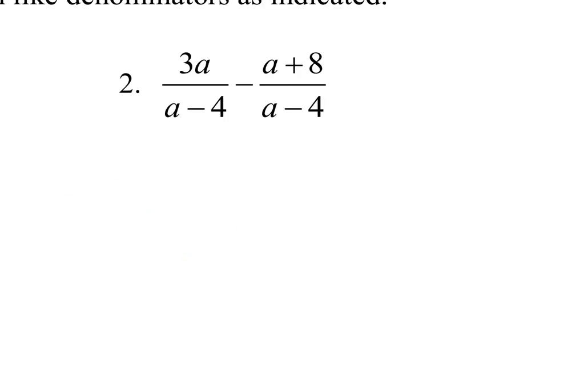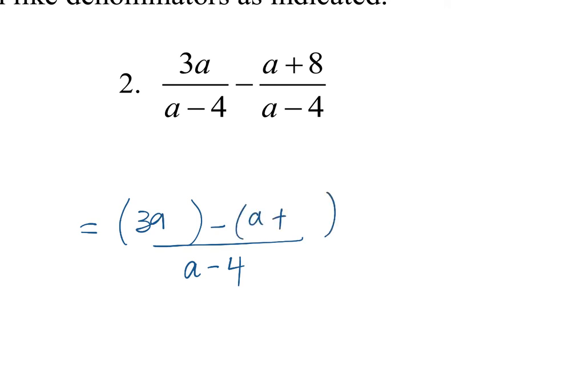On number 2, we have the same denominator in both of these rational expressions. So that means our common denominator is a minus 4. So all I need to do is say each numerator stays the same and say 3a minus a plus 8.